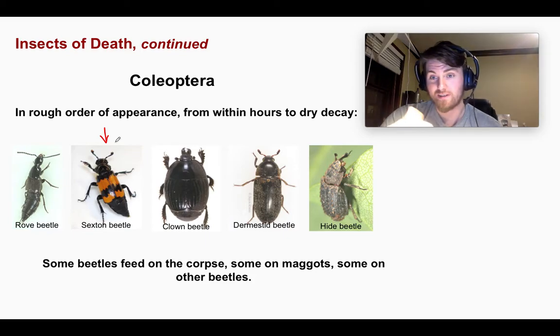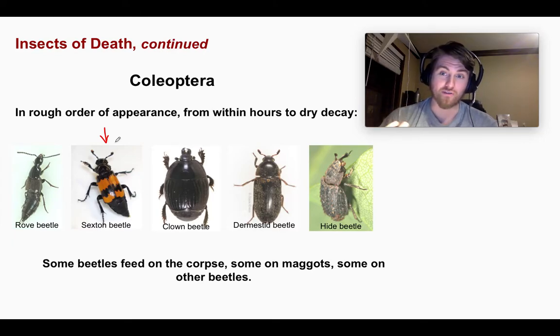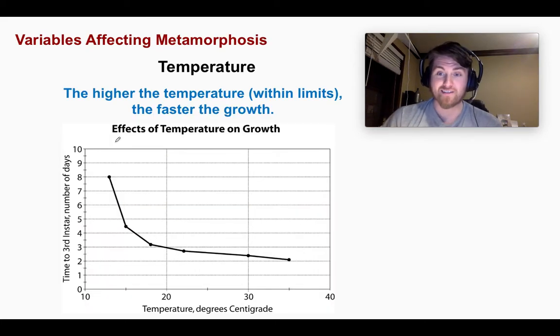If you're a forensic entomologist, one of the things you have to know well is your species, and you have to know exactly what beetle you have based off the larva, the pupa, or the egg. And I know that can be really, really difficult. Something else you hopefully are thinking about is the temperature. Temperature affects maturation rate.